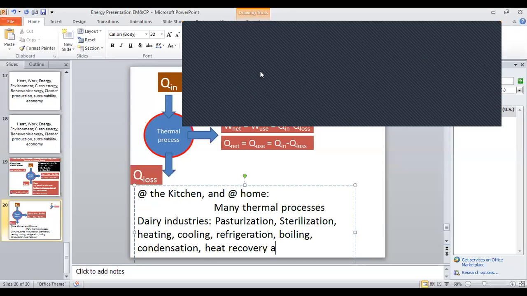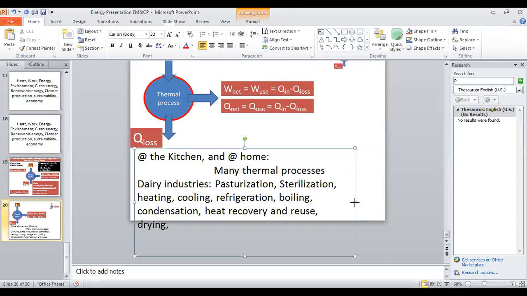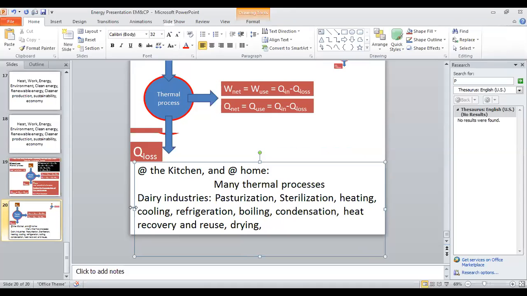They're using heat exchangers for this. Recovery and reuse. What else? Sometimes you do use drying, spray drying when you make milk powder. If you use yogurt, chilling, cooling, refrigeration, many things. Almost all the processes are thermal.